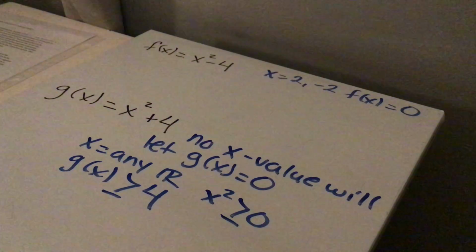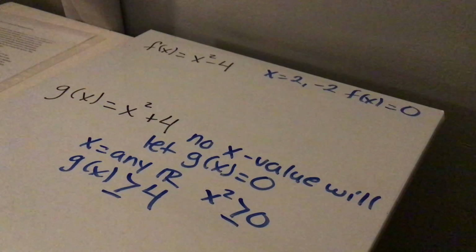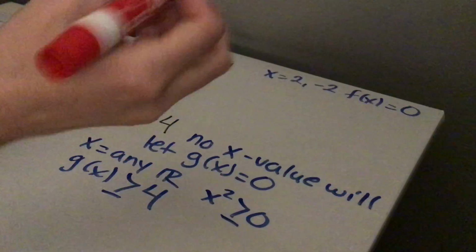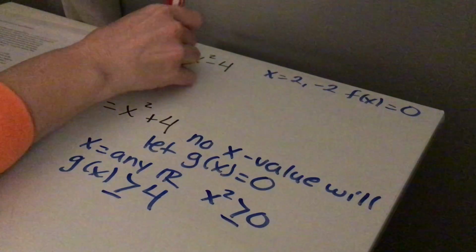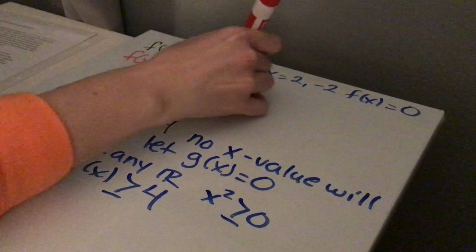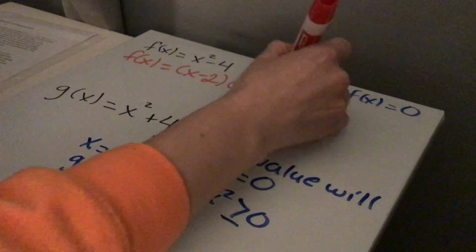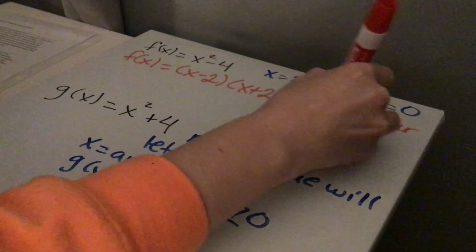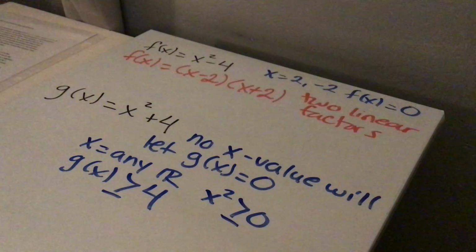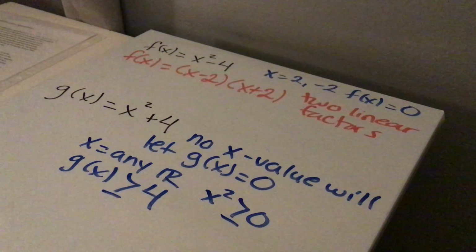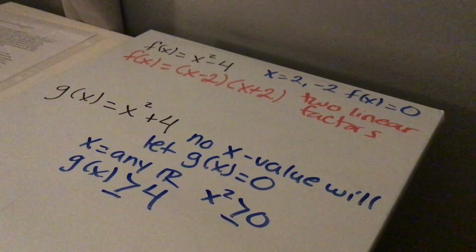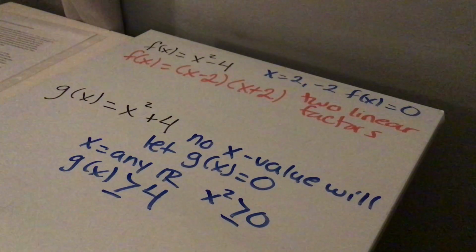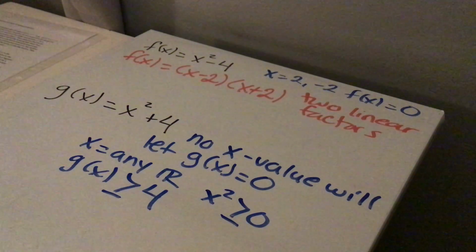If we go back up and look at f of x, x squared minus 4, it can be factored into two linear real factors. We could rewrite f of x as x minus 2 times x plus 2. It's just factoring a polynomial. We know how to factor the difference of two squares. But g of x cannot be factored into linear factors because it's the sum of two squares.